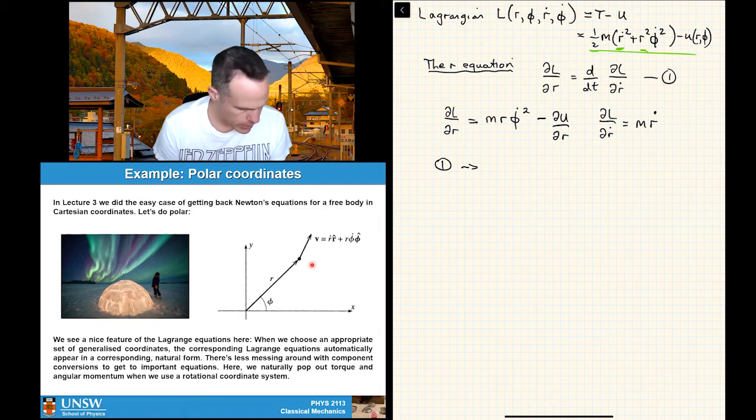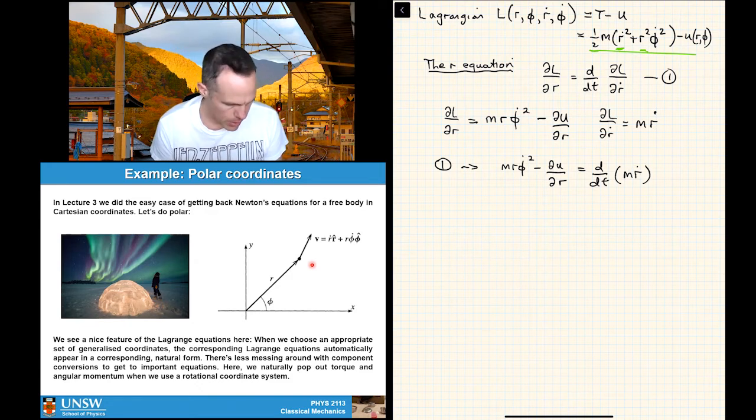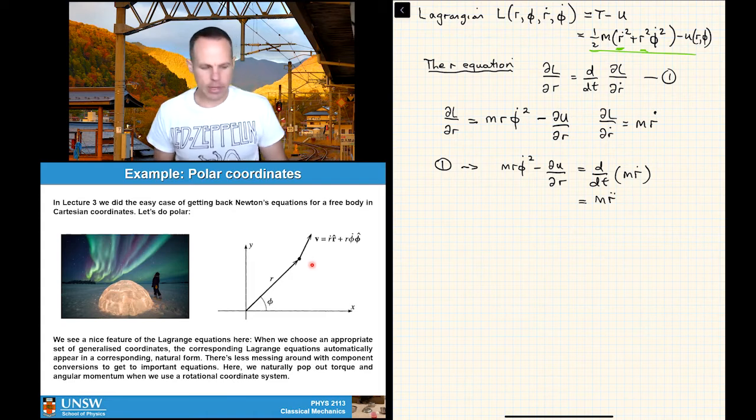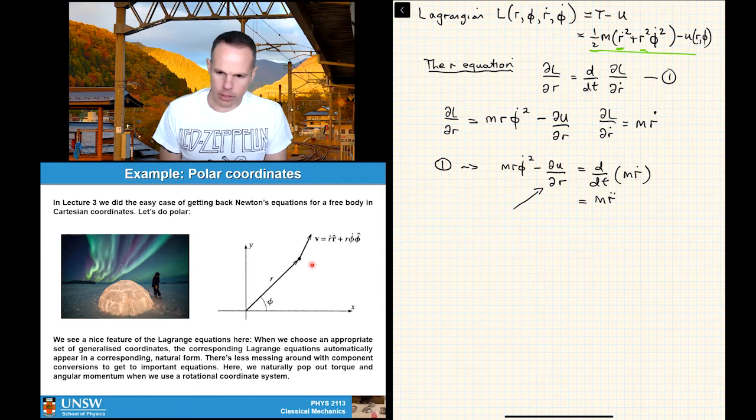So this thing is going to be m r phi dot squared minus dU on dr is equal to d on dt of m r dot. And of course, d on dt of m r dot is just m r double dot, right? Because the mass is independent of time. We know this thing in here pretty much straight up, right?